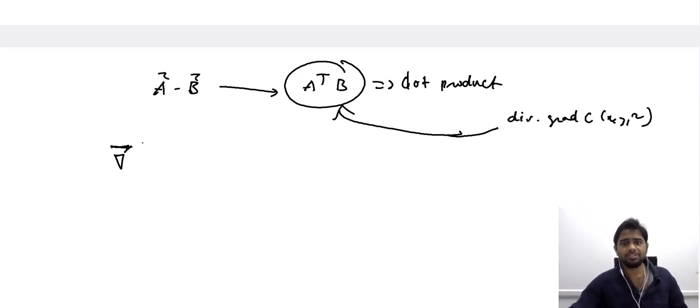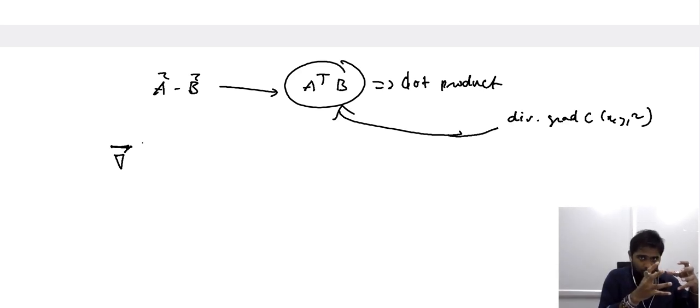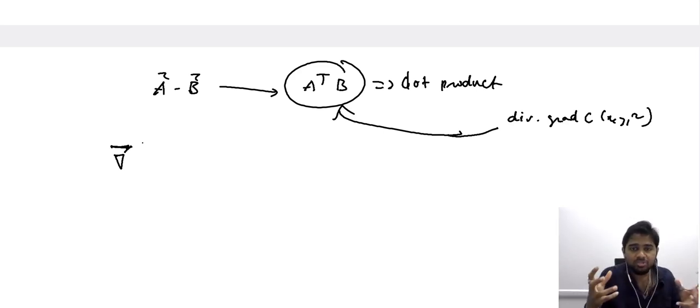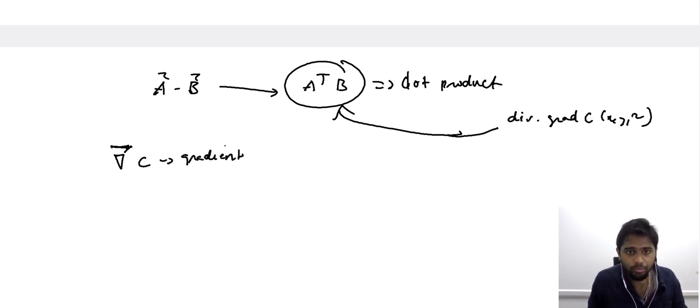Now what we have seen is that we have considered an operator, the nabla operator, and imposed it onto a scalar, the concentration, and this we refer to as the gradient, and the output of it was a vector.